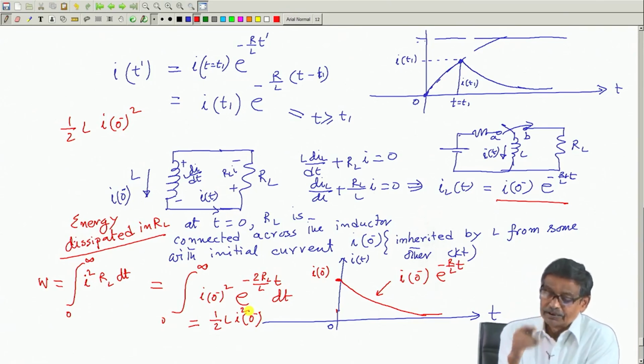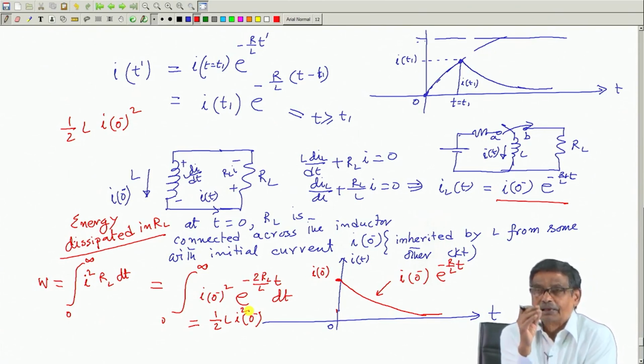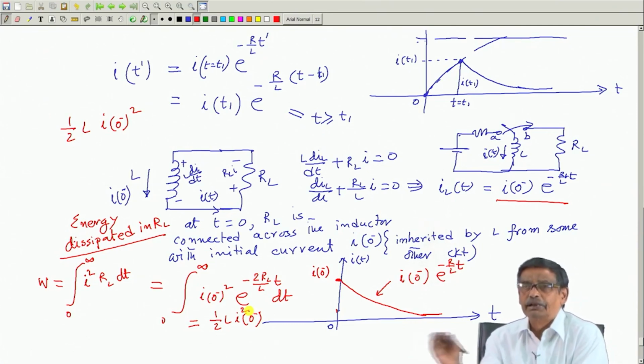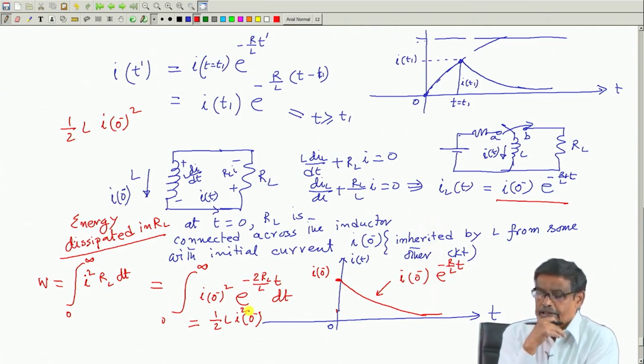What you will observe, as you disconnect this lamp across the cell, the lamp will glow and its brightness will diminish as time passes, and eventually it will of course become 0, because all energy stored in the inductor has to be dissipated in R_L.